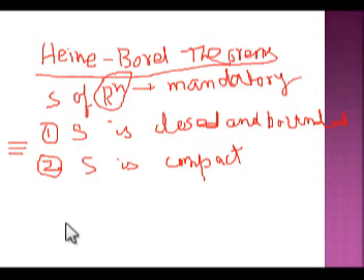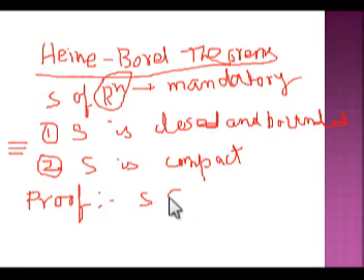I am taking just a simple case to prove this: S is a subset of the real line. If it can be proved, then you can easily prove the other cases.